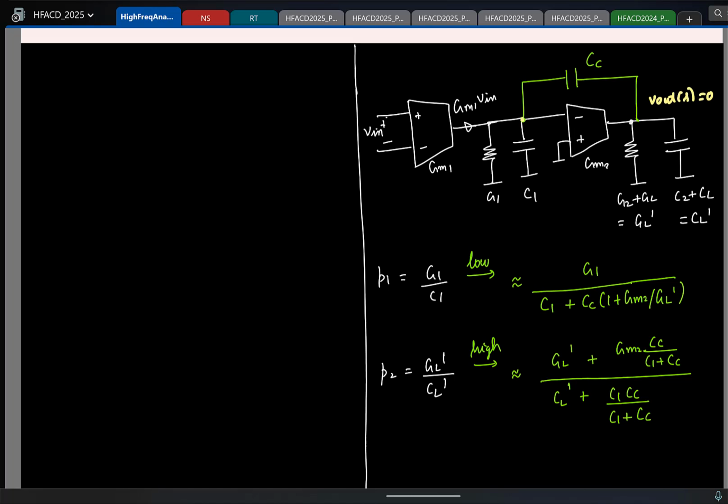So if I call this voltage some V1, what can you say about the capacitor current? We don't write in time domain, right? So V1 of S times SCC. What about the current through the GM?